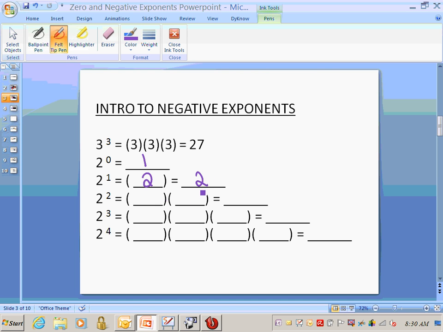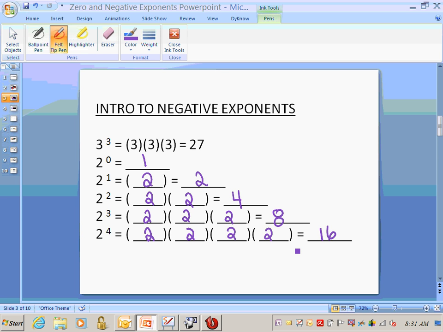Which is 2. 2 squared would be 2 times 2, which is 4. 2 cubed would be 2 three times, right? Which is 8. And 2 to the 4th is 16, right?